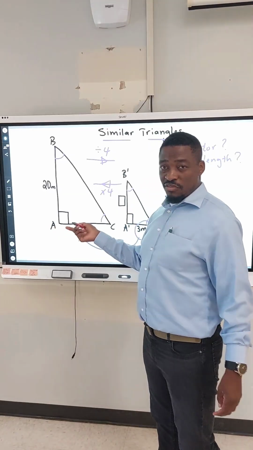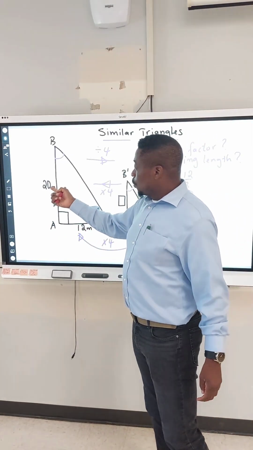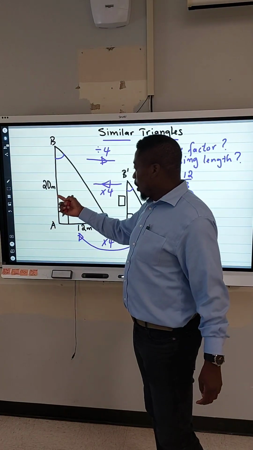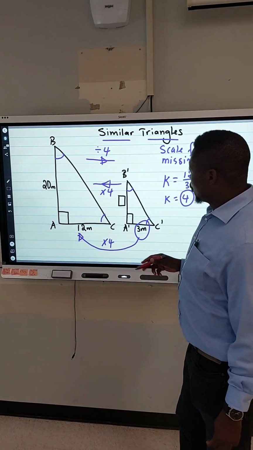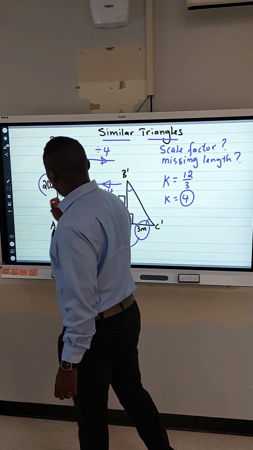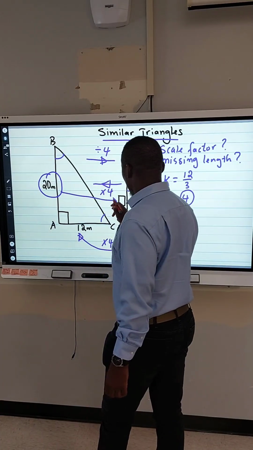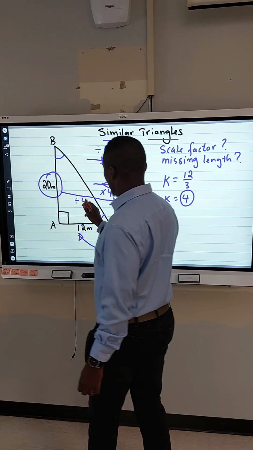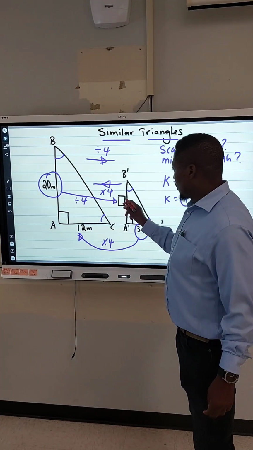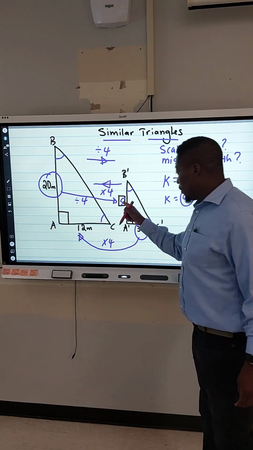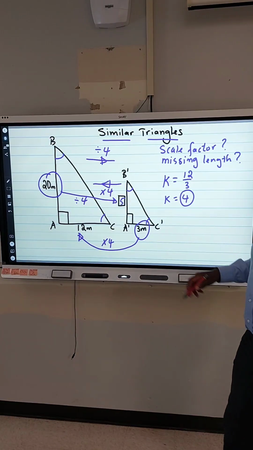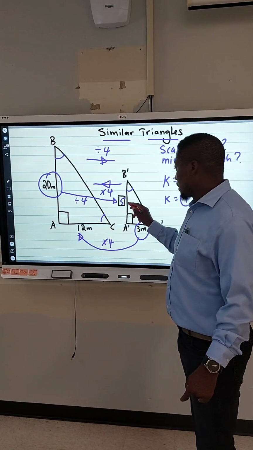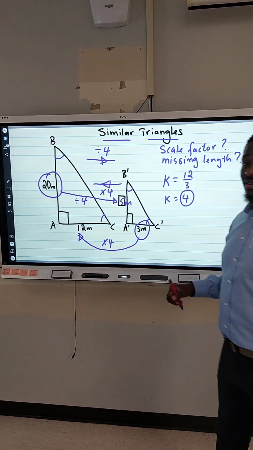The converse seems to be easier: we go from 20 to this number that we don't know, and we divide by 4. So 20 divided by 4 is 5, and now we know this side of that triangle is 5 meters, because this one is measured in meters.